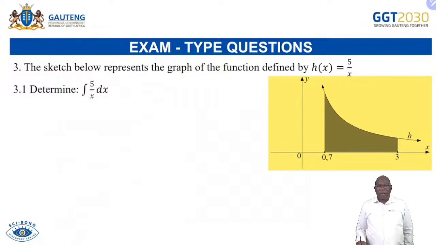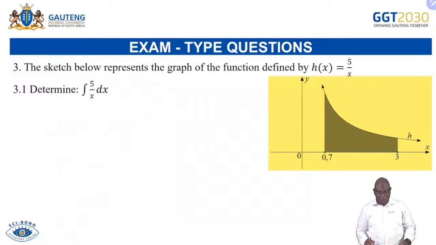Another exam question. This one was made very easy. The examiner was very, very friendly with this question because he took that question and broke it down into smaller questions. They didn't just ask you to determine the area. They wanted to test if you understand each and every aspect in going to find the area.